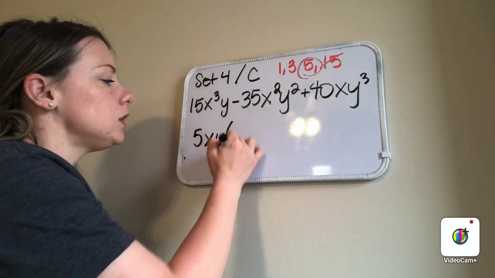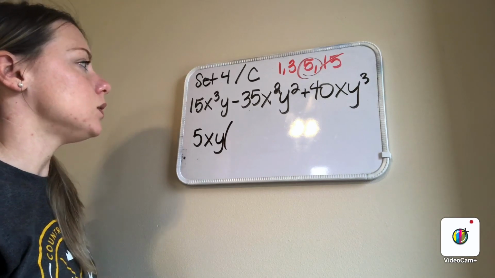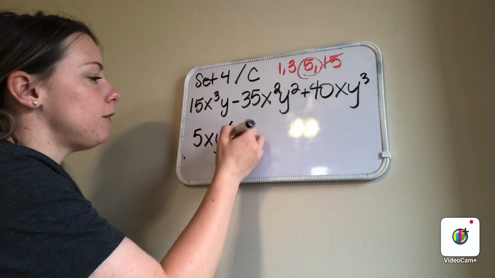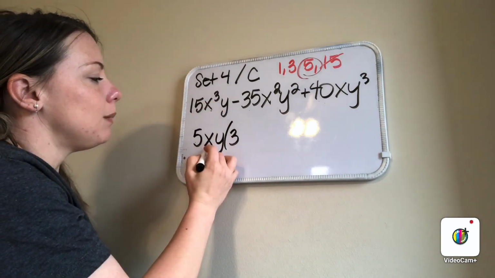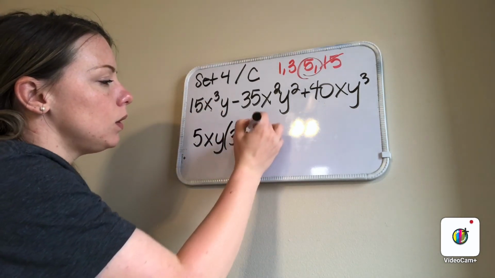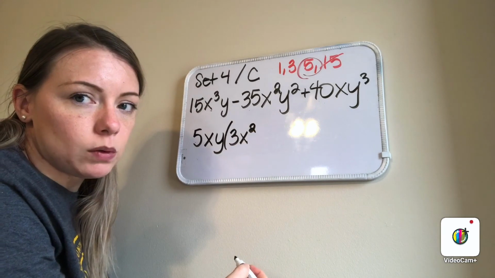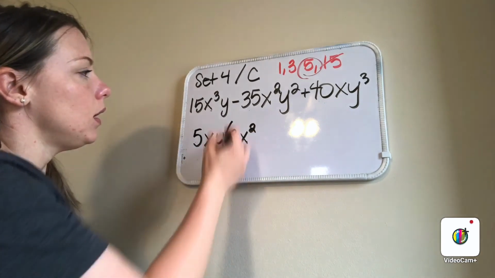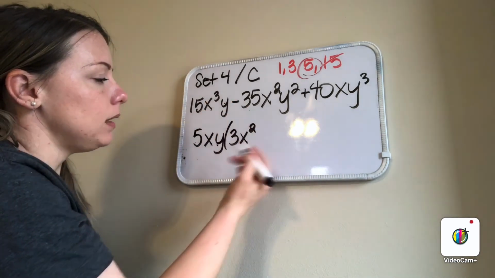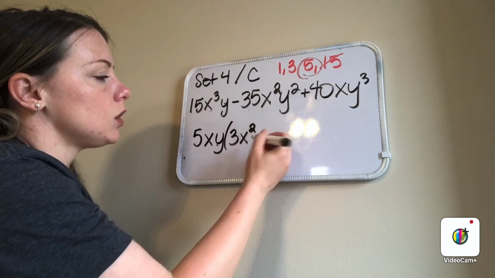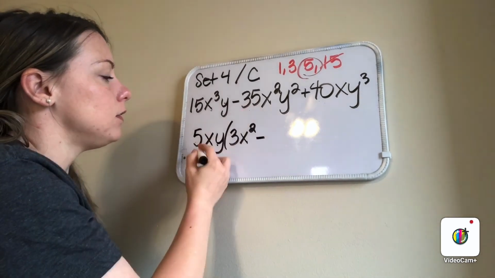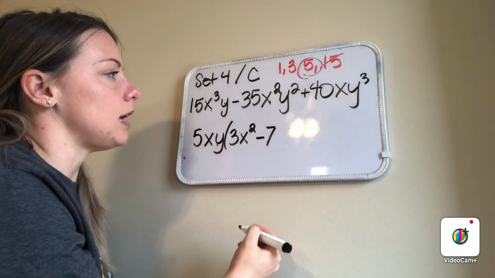All right, so now let's go and factor that amount out. So 15 divided by 5 produces 3. X cubed divided by x to the first power, we subtract those exponents, so I get x squared. My y divided by y, there's nothing left. So let's skip to our next term. I would have 35 divided by 5, which produces 7.